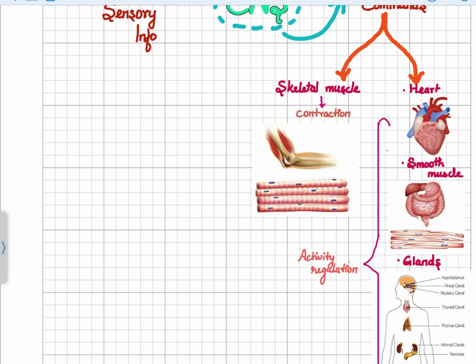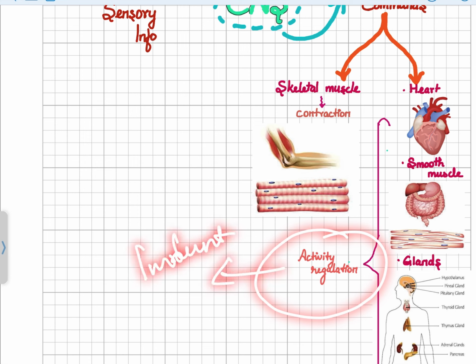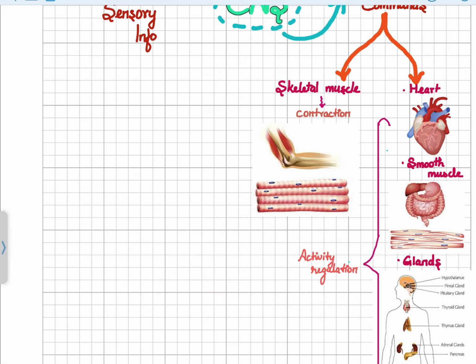You cannot produce a particular gland's secretion just because you want to, right? So they are not voluntary. Those nerves which supply the involuntary organs like the heart, smooth muscles, and glands come under the autonomic nervous system. So in skeletal muscle, the action is contraction. In the heart, smooth muscle, and glands, there is activity regulation. What activity? Involuntary. They are not under our control. Involuntary activity regulation. All right.